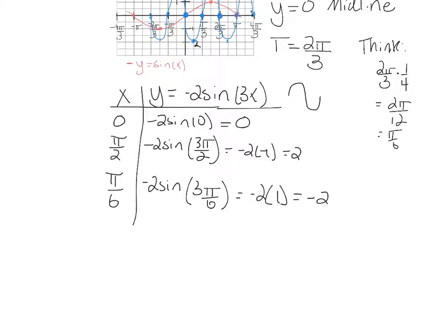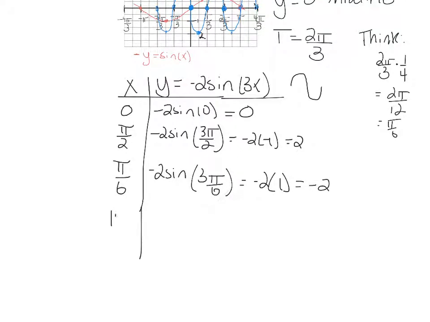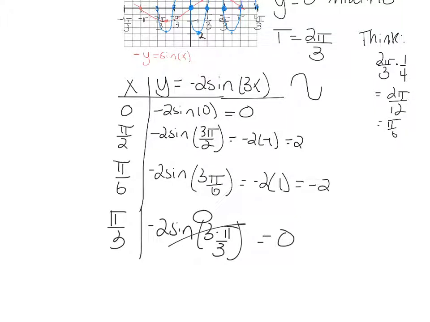And then I could try something like pi over 3, -2 sine of 3 times pi over 3. Now I'm doing sine of pi. Sine of pi is 0, so this whole thing gets me 0. So this is another way that you can do it. I find it easier personally just to do it based on transformations.